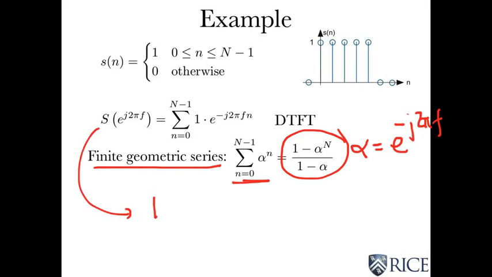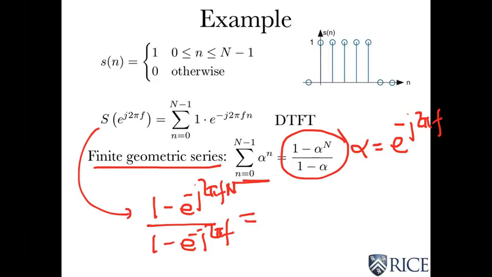So we get 1 minus e to the minus j 2 pi f capital N divided by 1 minus e to the minus j 2 pi f. Well, using the same mathematical trick that we used before, I'm going to pull out half the phase from the numerator and the denominator, and we'll get a very nice closed form expression.